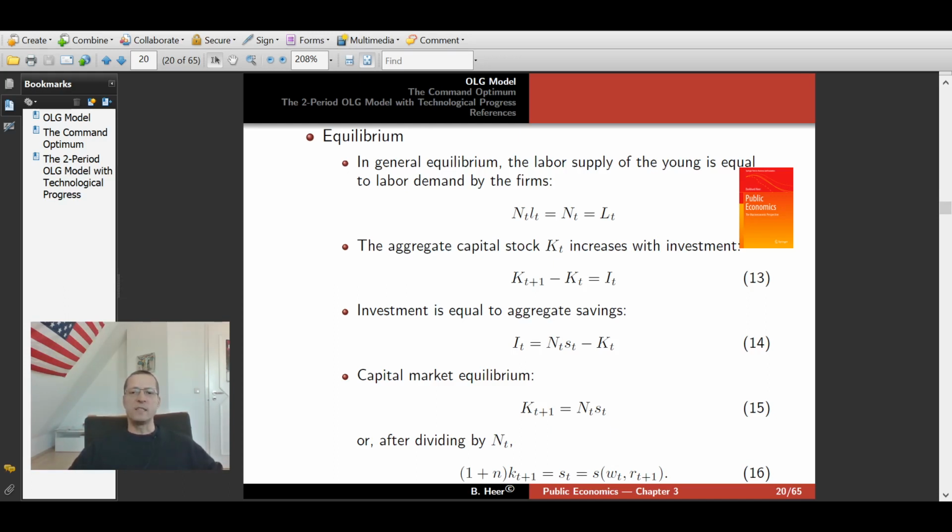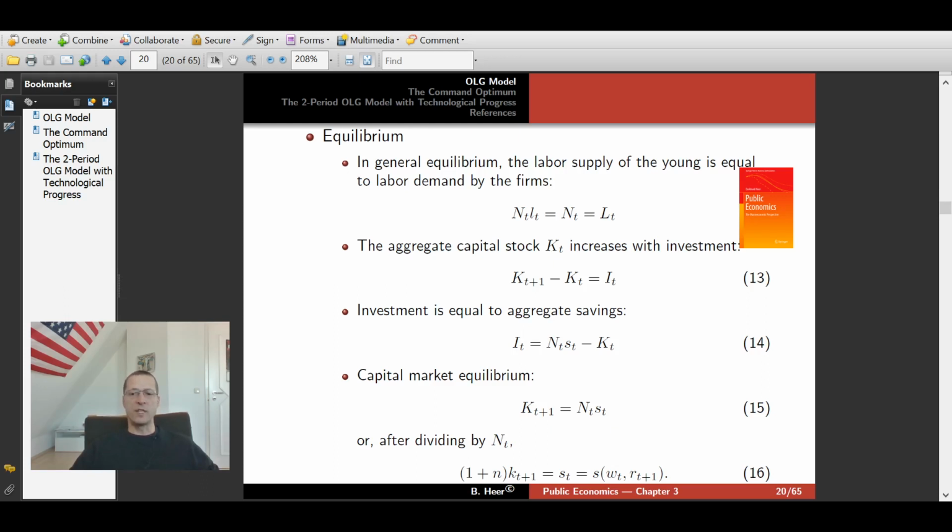Now, if we divide equation 15 by the number of young people N_t, we get to equation 16, which describes the dynamics of our economy: our per capita capital lowercase k_t+1 at the beginning of period t+1 times 1 plus the population growth rate n is equal to individual savings s_t.